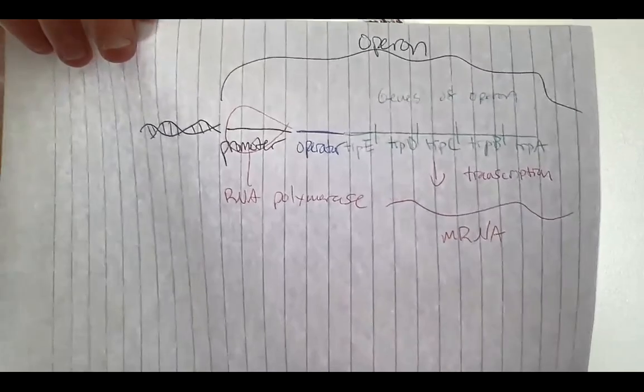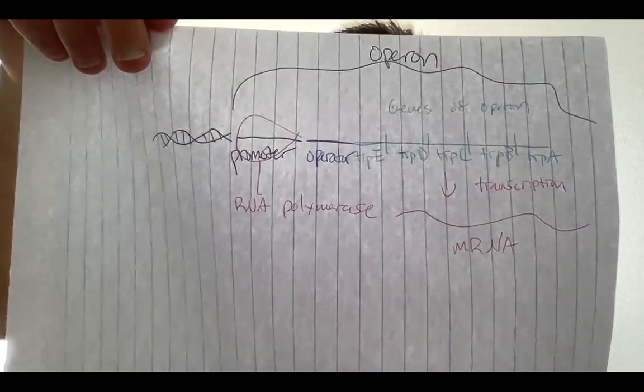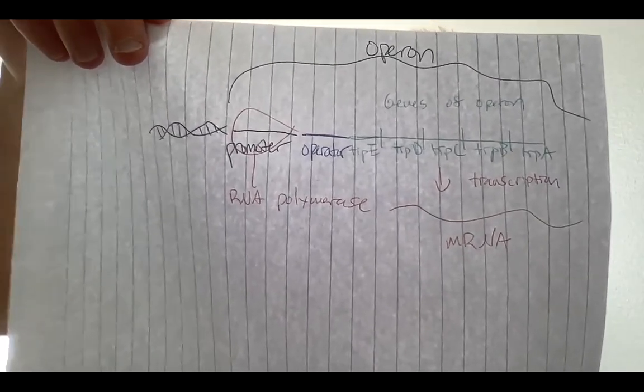So transcription into mRNA, single-stranded mRNA molecule. And again, there's these start and stop codons between each of the 5 genes.